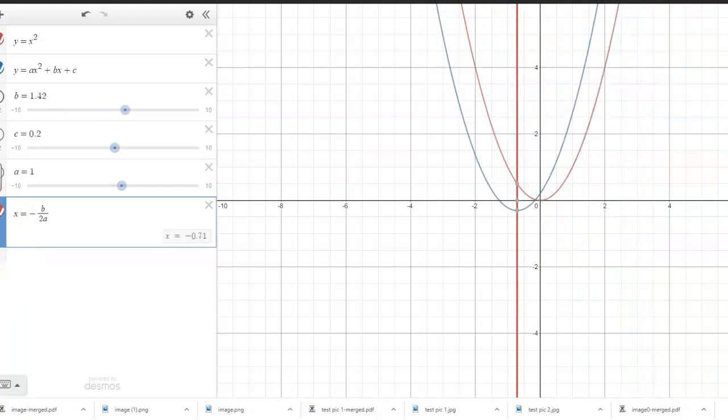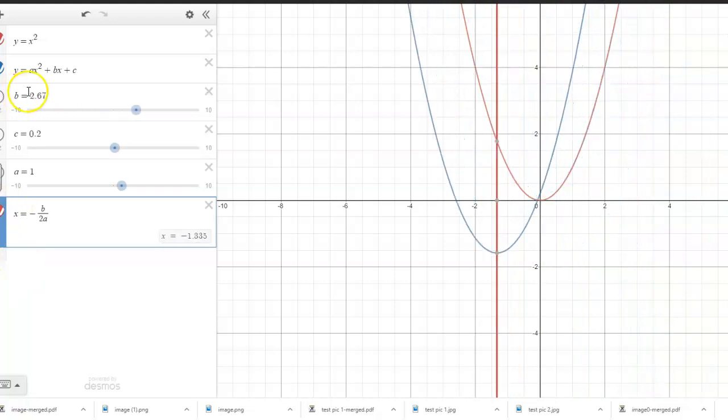Right? If I stop this, let's stop it right here. Okay, so negative b over 2a right now, the a value is 1, the b value is 2.67, and the c value is 0.2. But if we were to calculate negative b over 2a, which is negative 1 point something, that's right here. That is the middle of this graph that we're currently plotting.